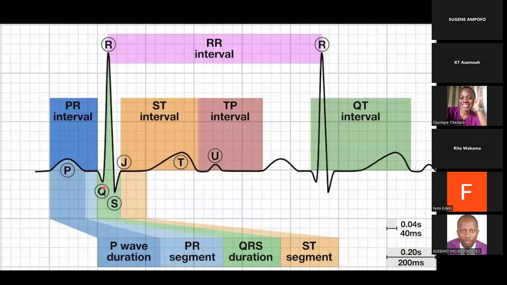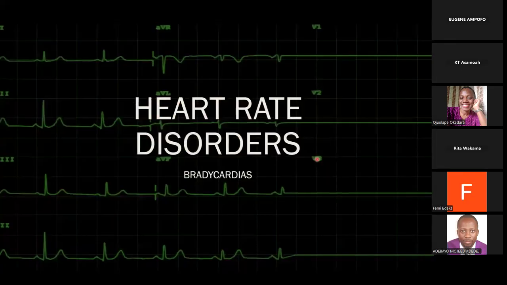After which it passes the impulse on down the His bundle into the left and right bundles. And then that depolarizes the ventricles, due to the QRS. Then we have repolarization, that's the T wave. And then in some people, you'll have a U wave, but then it goes again and starts the cycle all over.